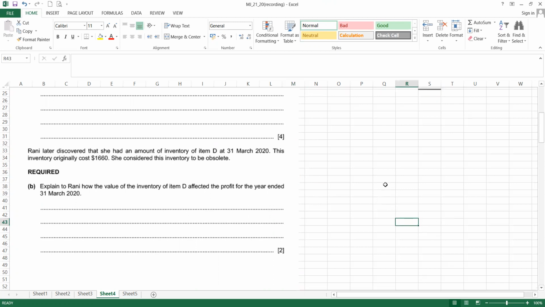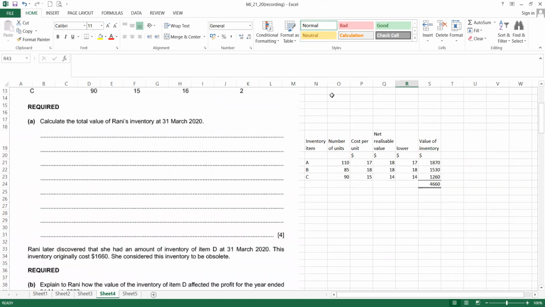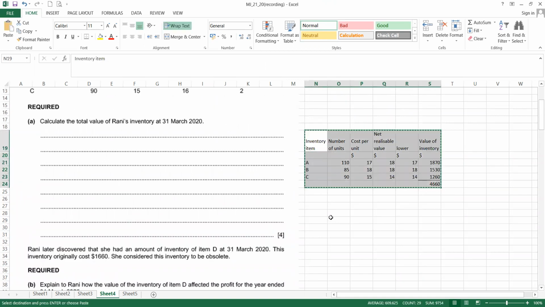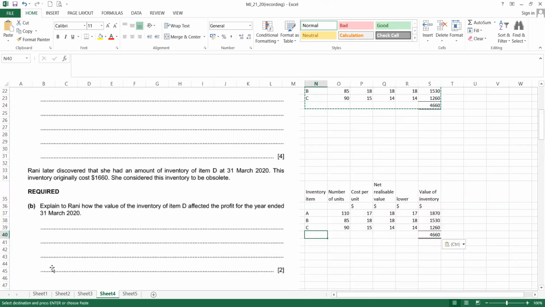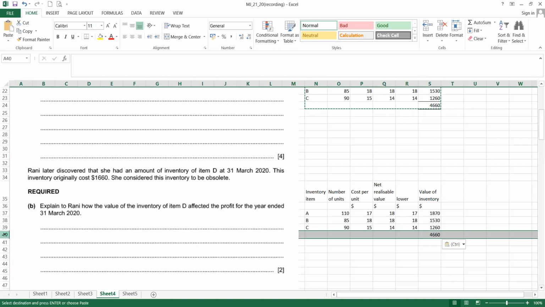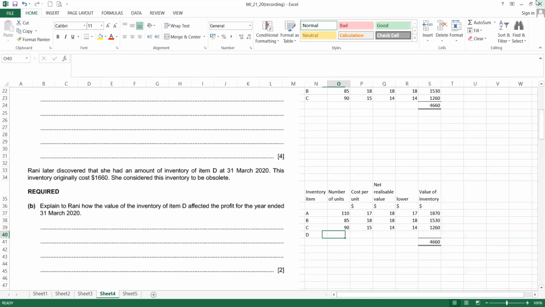Okay, I just use this information first. Now, in this case, if we add in the D, they say that the original cost is 1,660. She considered this inventory to be obsolete. That means it becomes zero value.